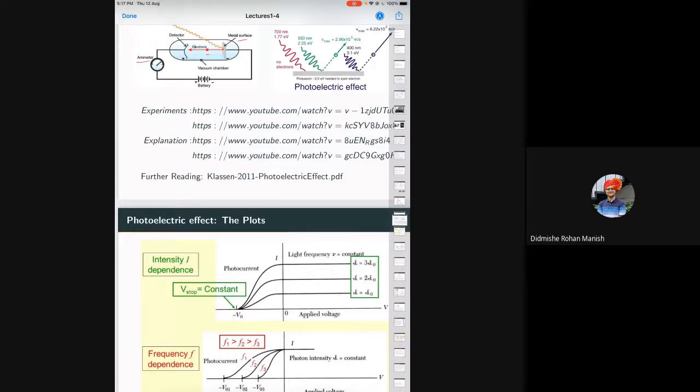So what the battery does is it keeps supplying enough electrons to the metal surface so that they can be emitted by the surface when light is incident on it. So if you just had a metal, then you would have a few electrons and then stop. The metal would become positively charged, and it would not emit any more electrons. Okay.